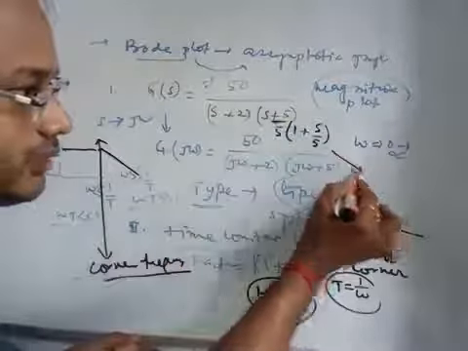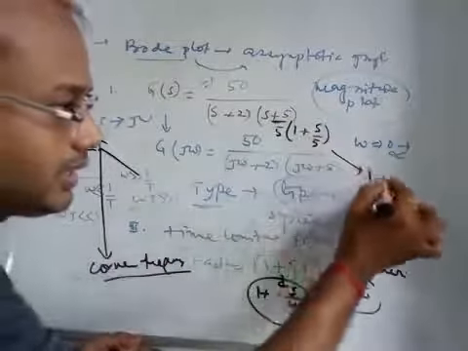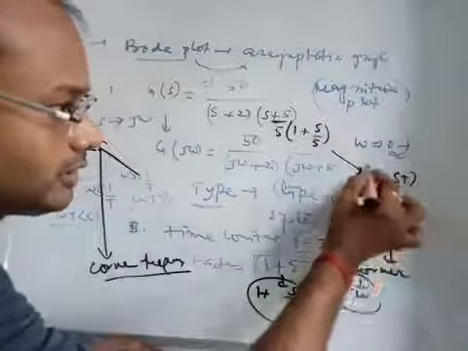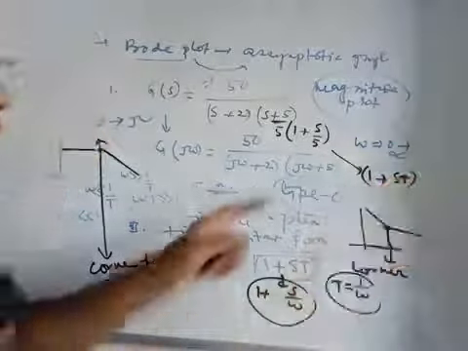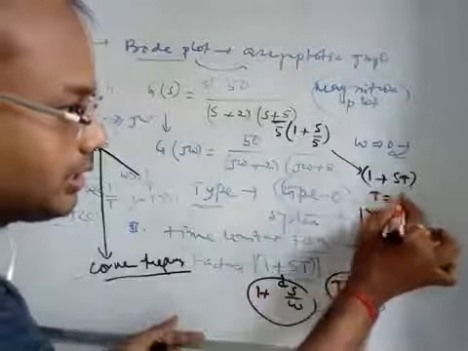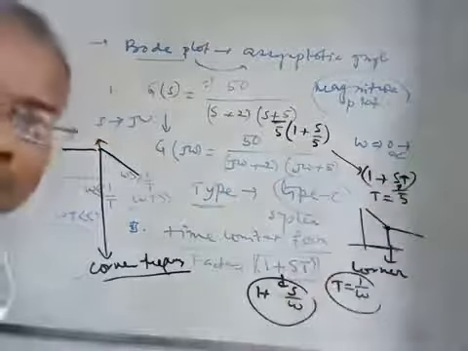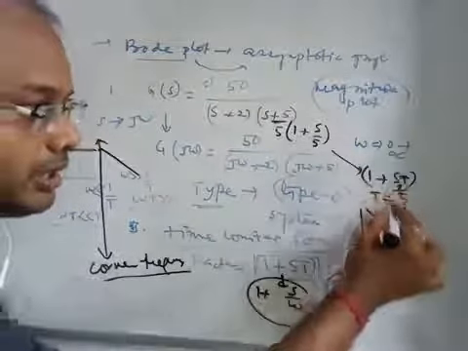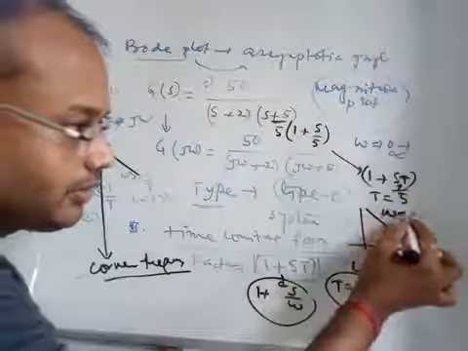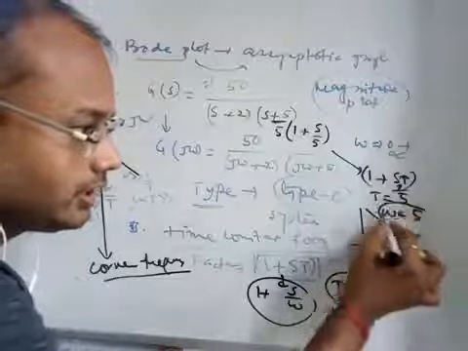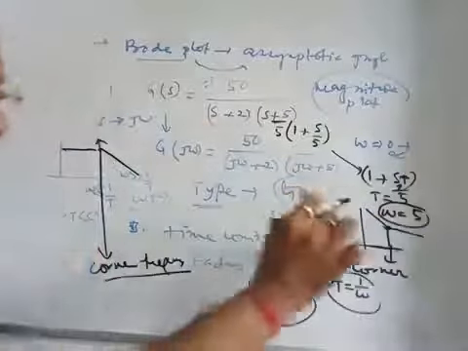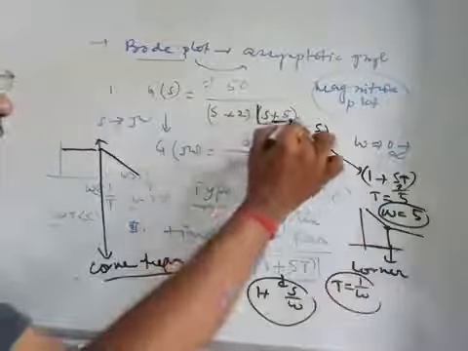Once this is expressed, you see it is in 1 plus sT form. So what is the time constant? It is 1 by 5. If 1 by 5 is the time constant, the frequency is 5. So you get the corner frequency associated with this term.